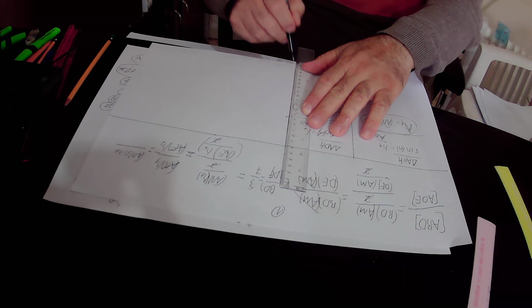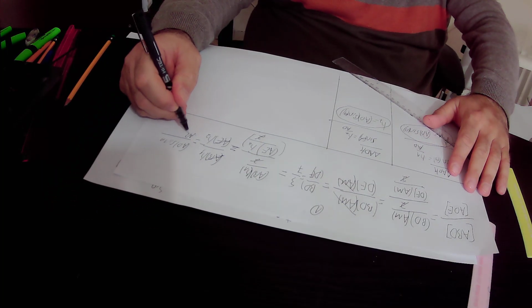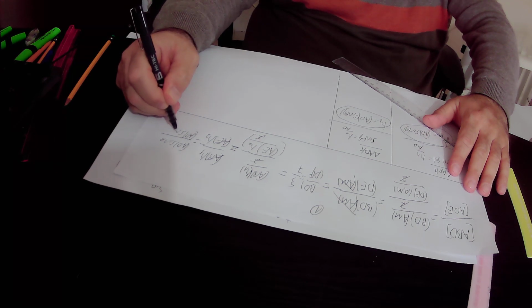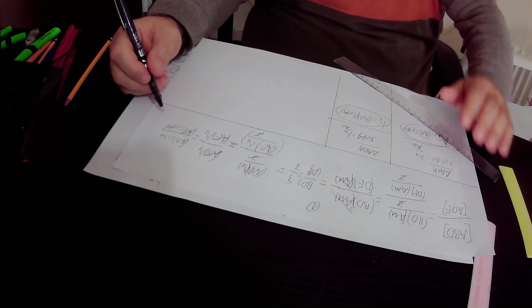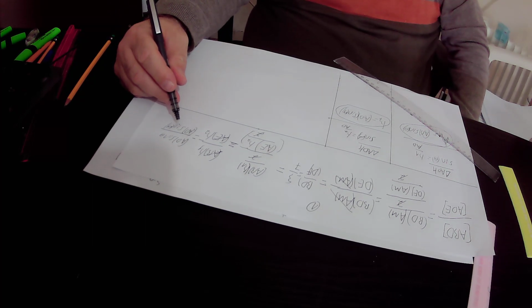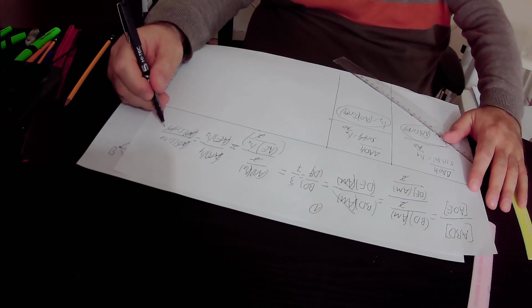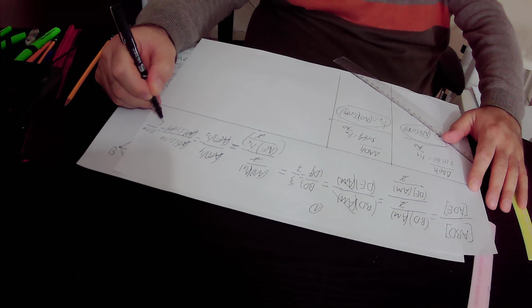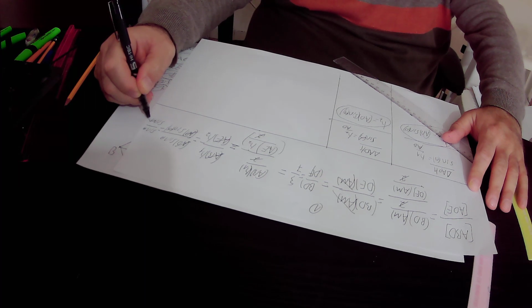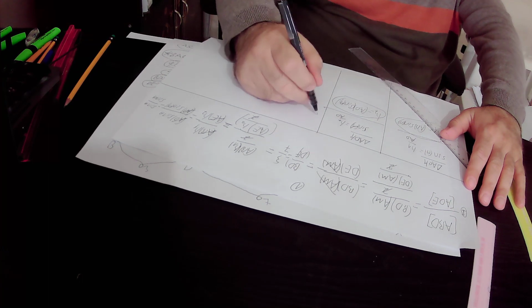So we can write here that H2 is equal to AD times sine alpha. So we have AD in the numerator and AD in the denominator, so AD will get cancelled, and we are left only with sine theta over sine alpha.